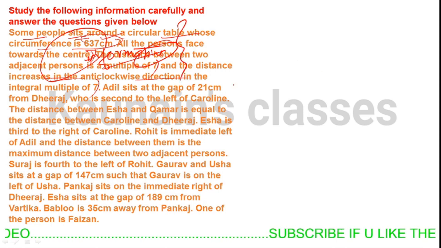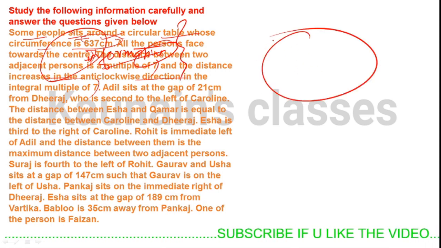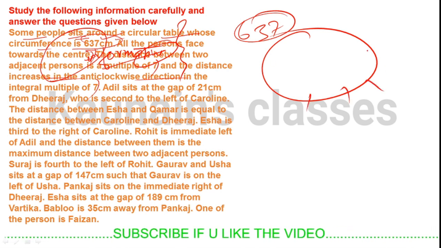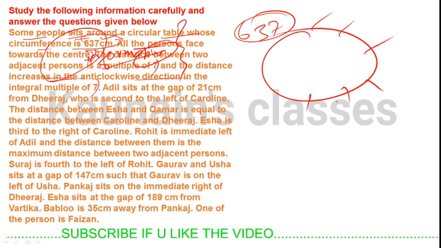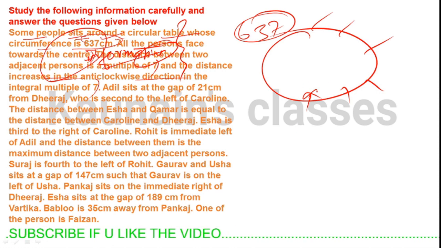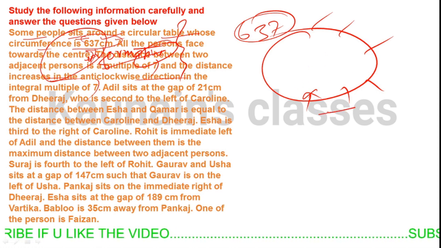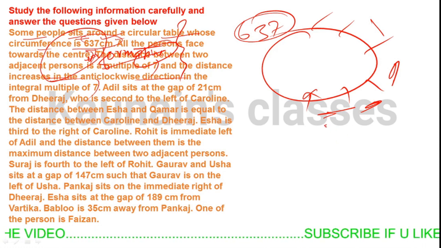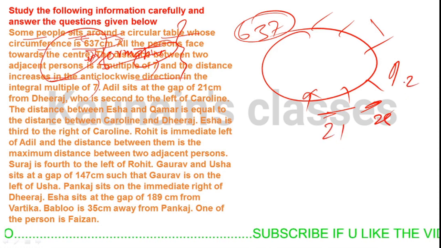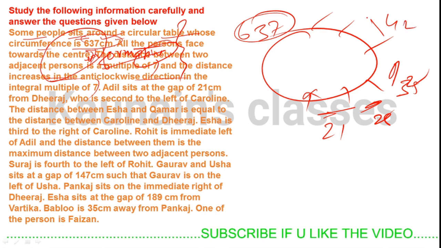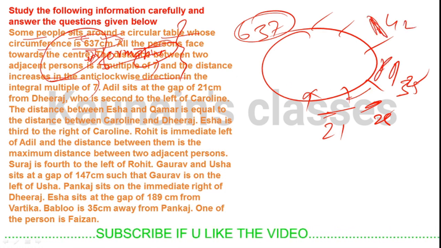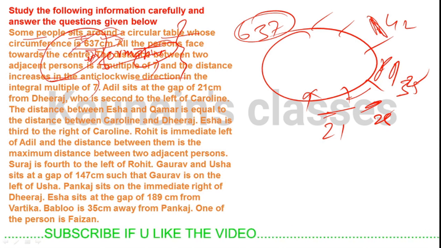These lines are only giving information that there is a circle whose perimeter is 637 centimeters, the distances between persons increase in the anti-clockwise direction, all of them face inside, and the distances increase in integral multiples of 7. Means if this is 21, this is 28, this is 35, this is 42. Okay, this distance is 42.